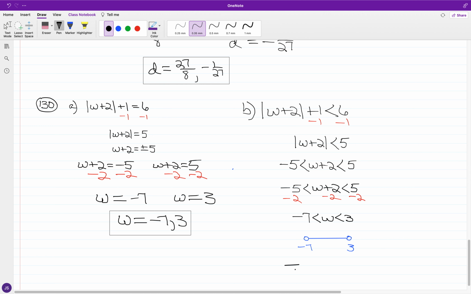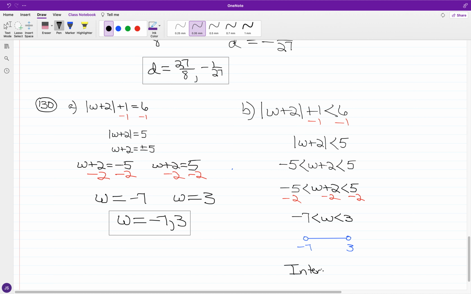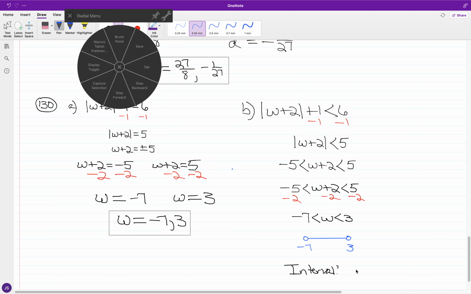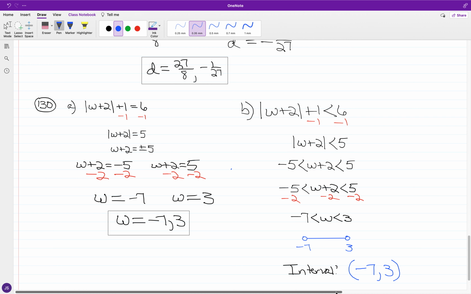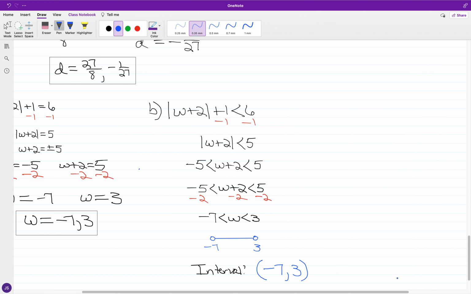And so for the interval solution, you have between negative 7 and 3, but not including either of these values. So for the grouping, we have parentheses to enclose.